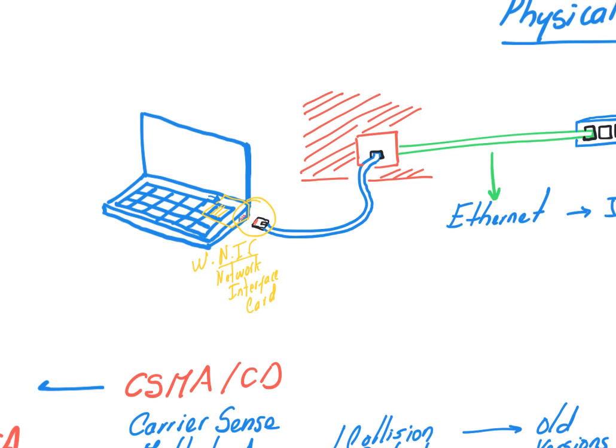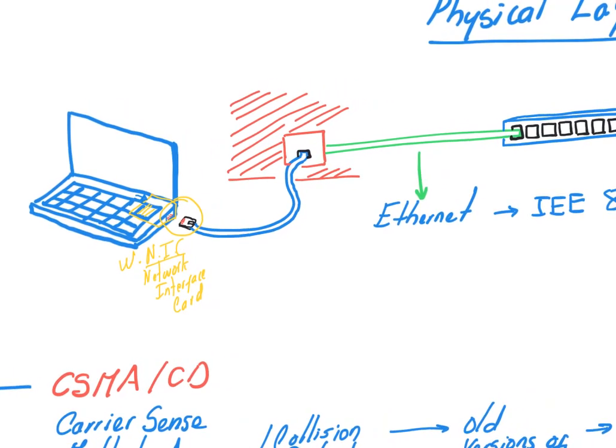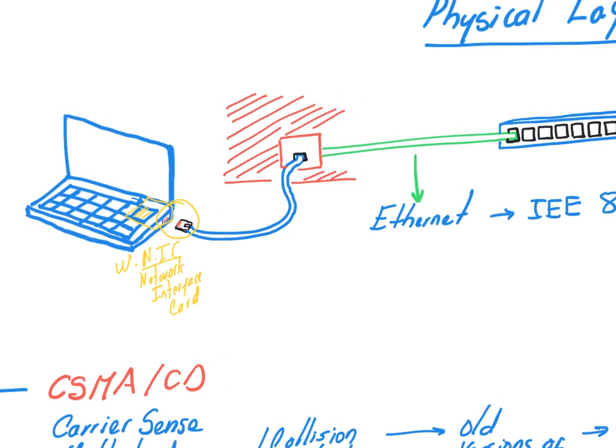Now, this part of the software should understand what's the set of rules that are required to send that information through the specific medium that I'm trying to send. So if I'm using, for example, a wireless NIC to send the information, then I probably need to know about Wi-Fi, right?